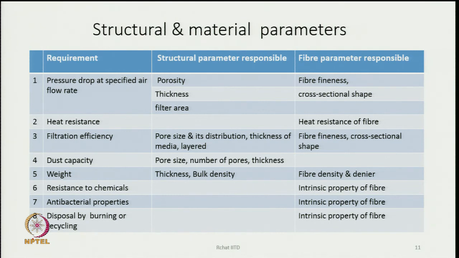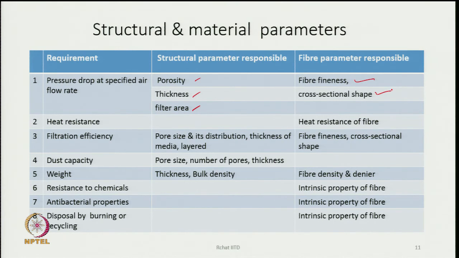The structural and material parameters which are important are also stated here. If the requirement is pressure drop at a specified air flow rate, then the structural parameters which would be important are porosity, thickness and filter area, these three. Fiber parameters which will be important are fiber fineness, cross sectional shape.